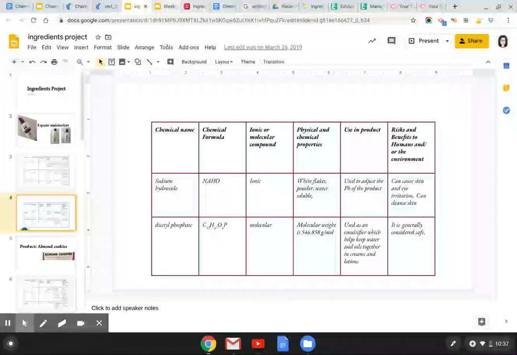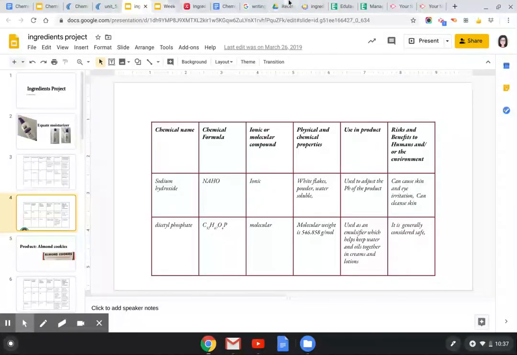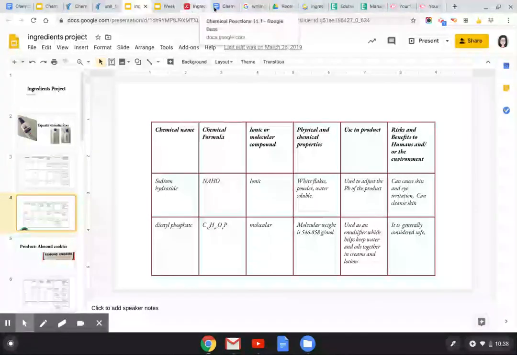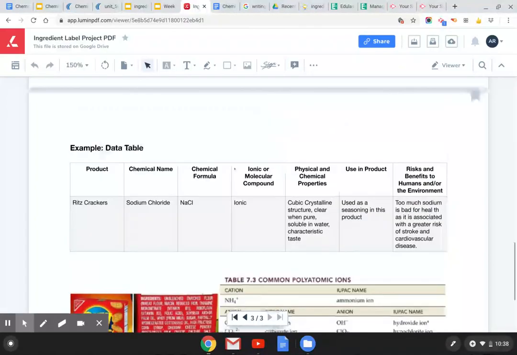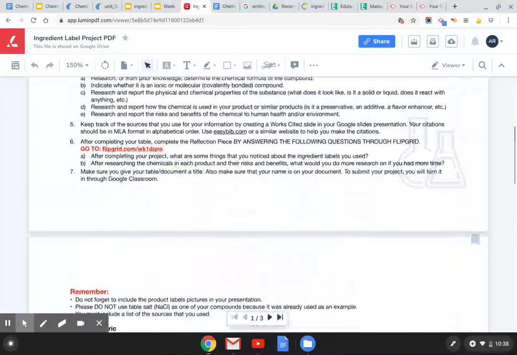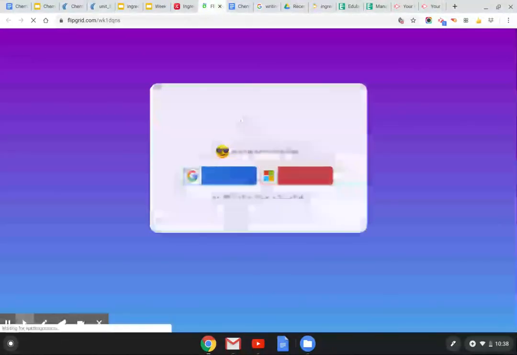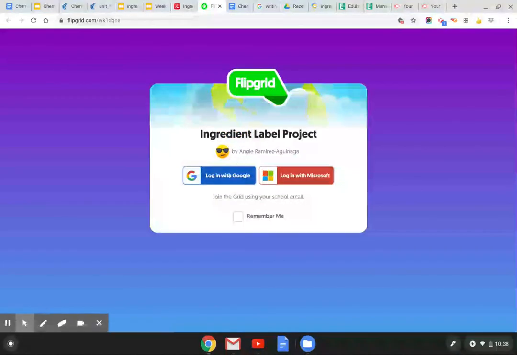Okay. After you complete everything on the rubric, including your works cited, the next thing would be to complete your reflection piece, which will be the Flipgrid question. You're going to click on that link, and it's going to take you directly to that assignment. You're going to join through Google.